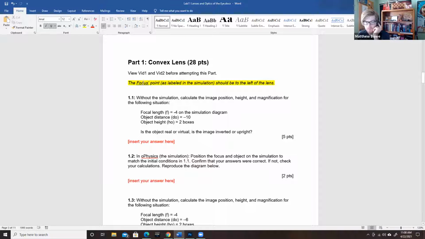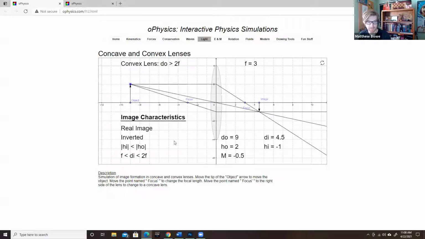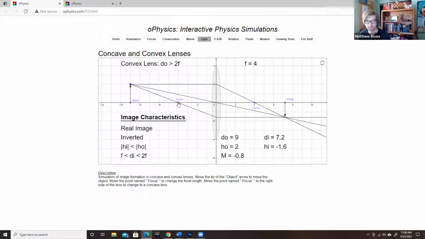So focus with the apostrophe is on the left. Let's go to the simulation. The focus with the apostrophe is right here, so this should be the one that's on the left, and this is the one that is at -4.